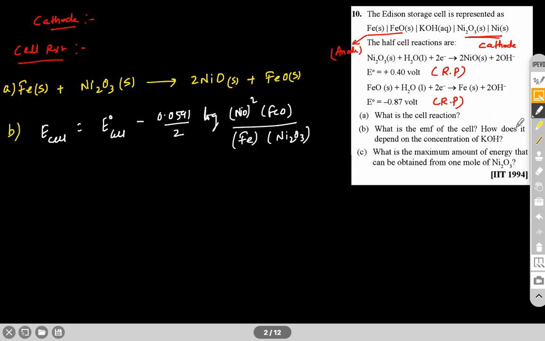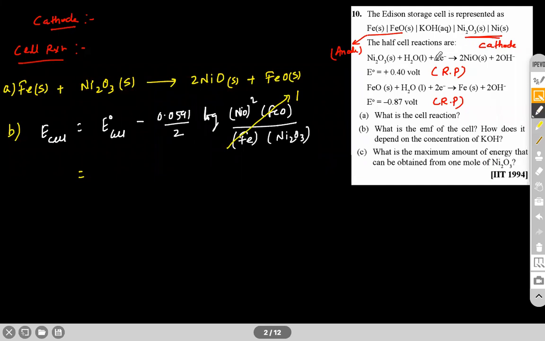So this thing is 1. We can write this entire thing as 1 because all are given as solid here. Right? So directly we can substitute here. E naught of the cell is what? E cathode minus E anode.